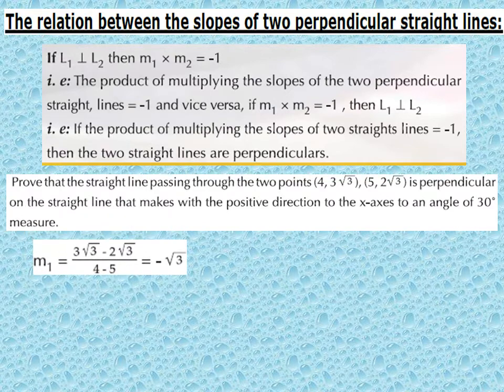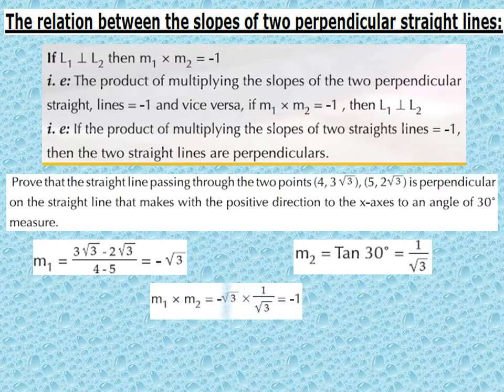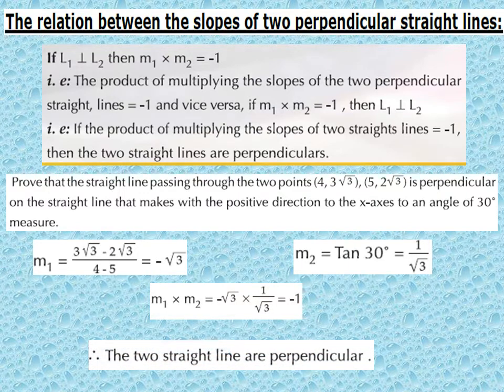Solution, find M1, the slope of the first line: 3 root 3 minus 2 root 3 over 4 minus 5 equals -√3. M2 equals tan 30 degrees equals 1 over √3. M1 times M2 equals what? -√3 multiplied by 1 over √3 equals -1. The product of the two slopes equals -1, then the two straight lines are perpendicular.